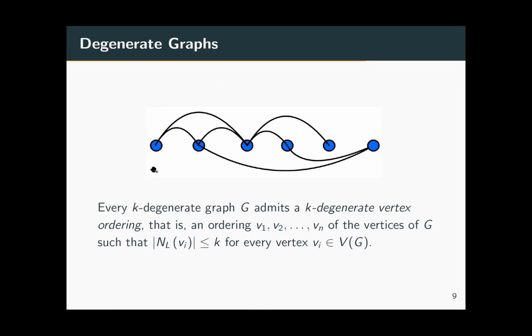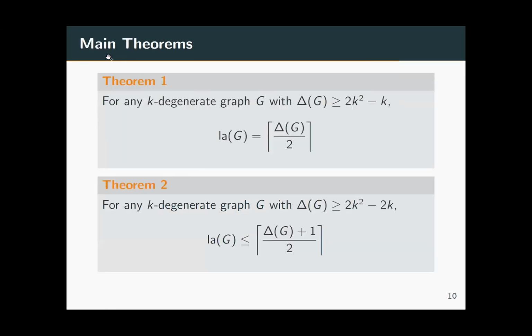So for example, here we can see each vertex has at most 2 neighbors on its left, right? This is a 2 degenerate graph. Here k is 2. So this is a very nice property of k degenerate graphs, and we use this to prove our main theorems.